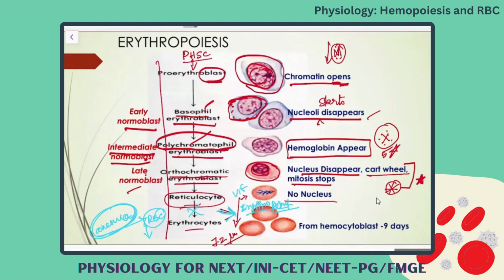Okay, so this reticulocyte to erythrocyte conversion is taking place only in the presence of a hormone, erythropoietin. This erythropoietin is produced from the kidney. Okay, if the person is having renal disease, kidney failure, 100% the person will be anemic.